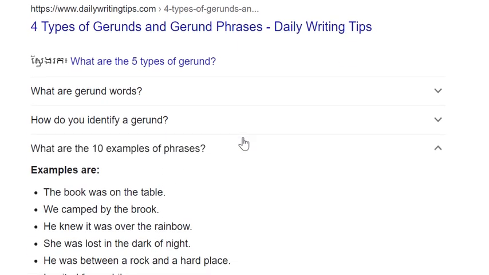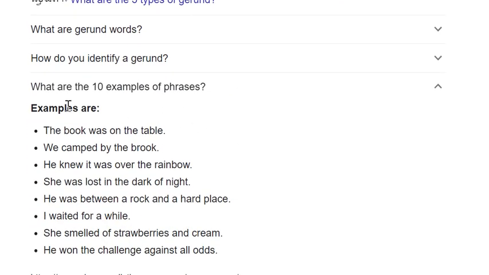Okay, so we have 10 examples of prepositional phrases. The book was on the table. He came by the brook. He knew it was over the rainbow. She was lost in the dark of night.